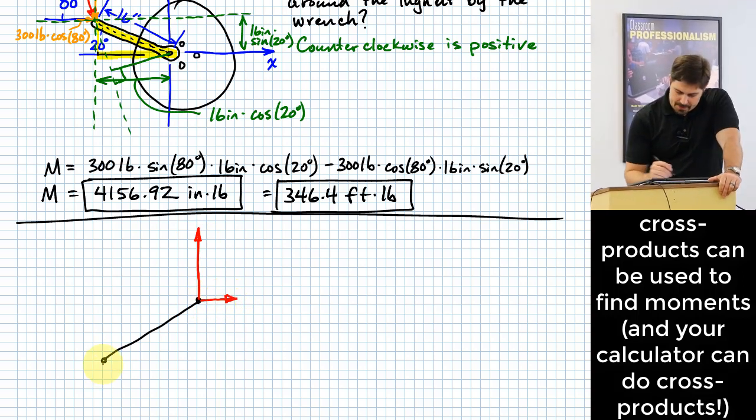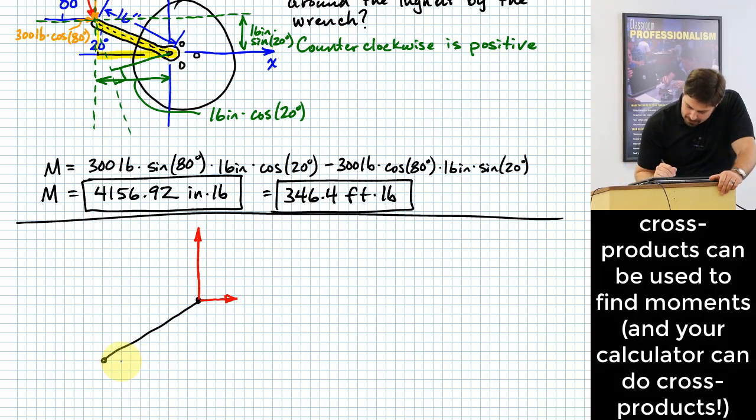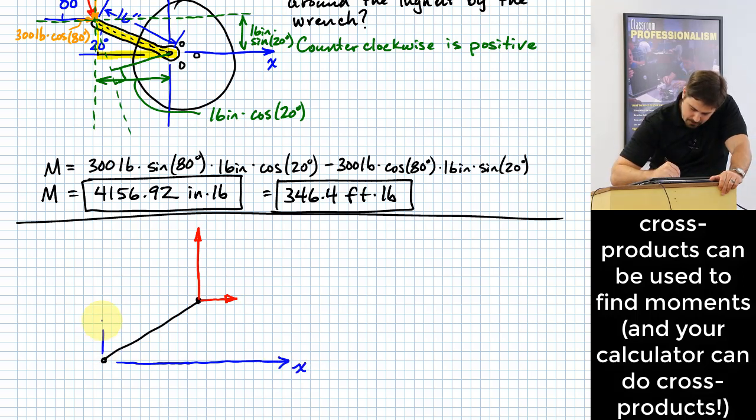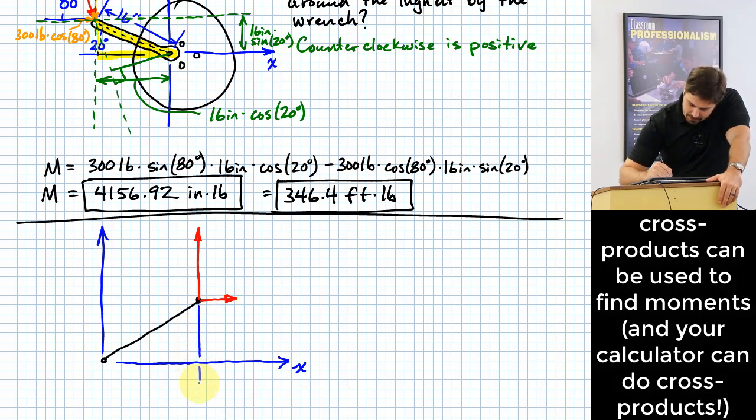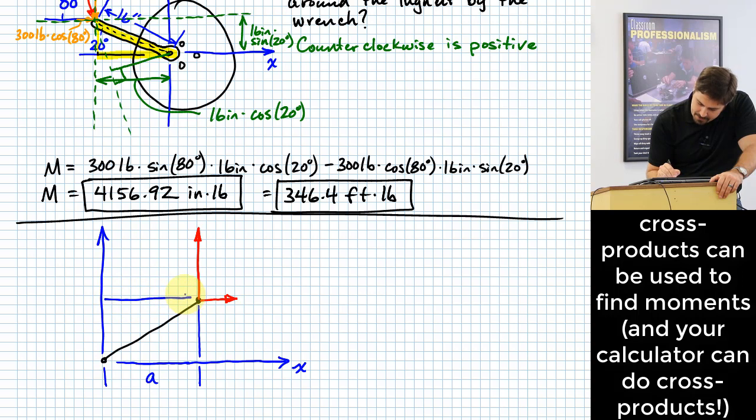Relative to my x and y directions, which I'll put on here like this, let's say I know how far it is in the horizontal direction. I'll call this A. Let's say I know how far it is in the vertical direction, and I'll call that B.